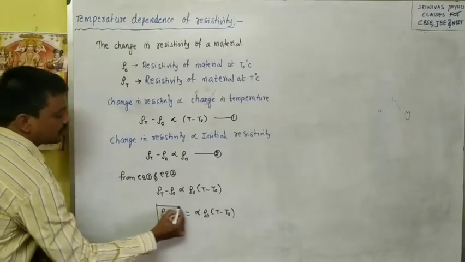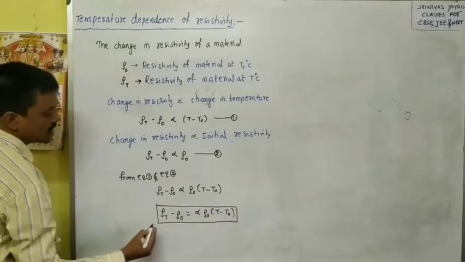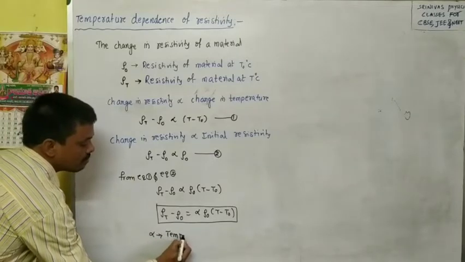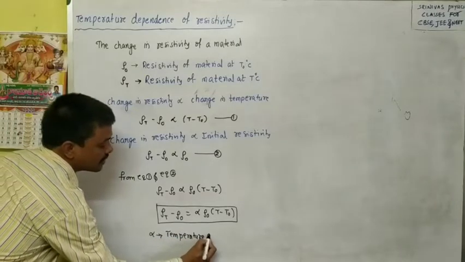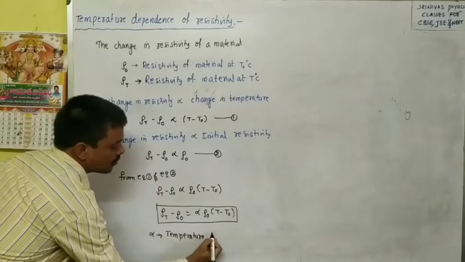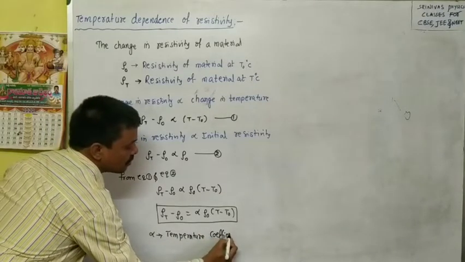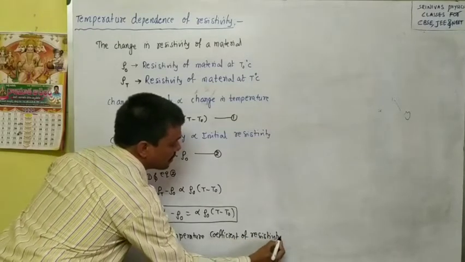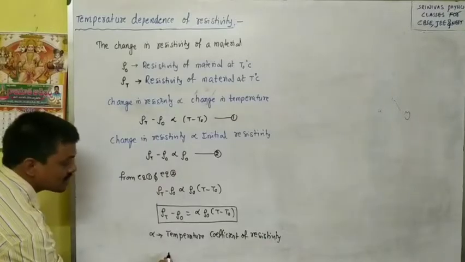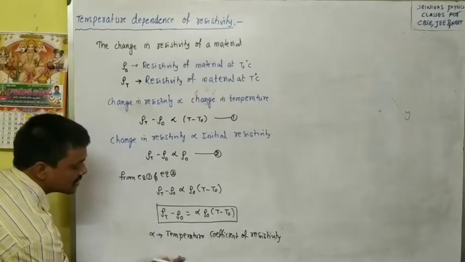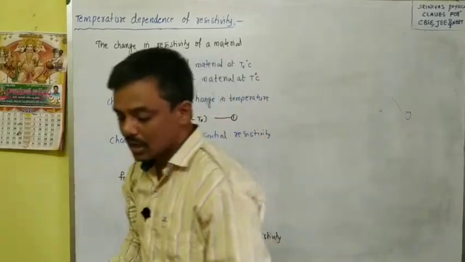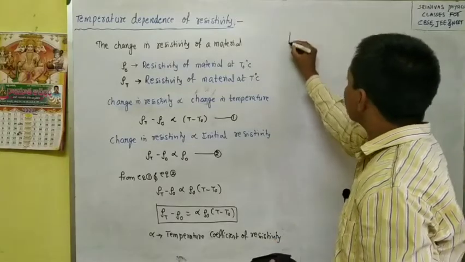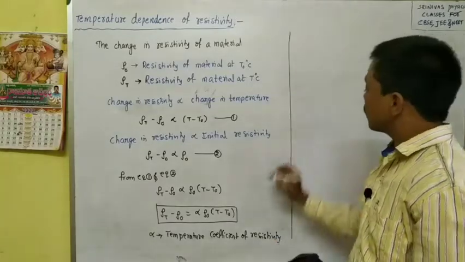This is the change in resistivity formula, where alpha is called the temperature coefficient of resistivity.